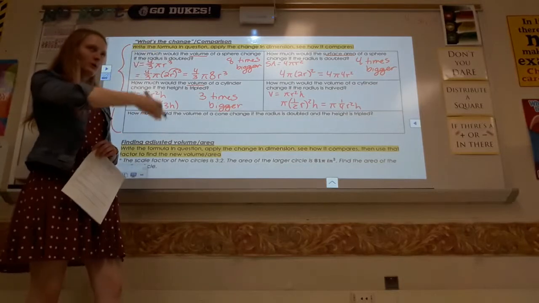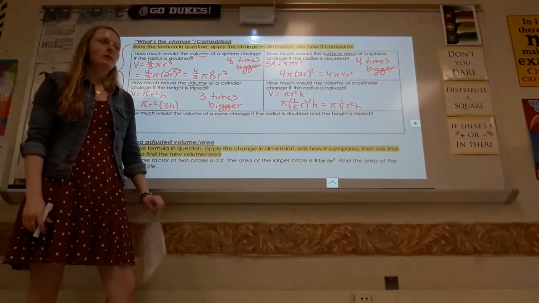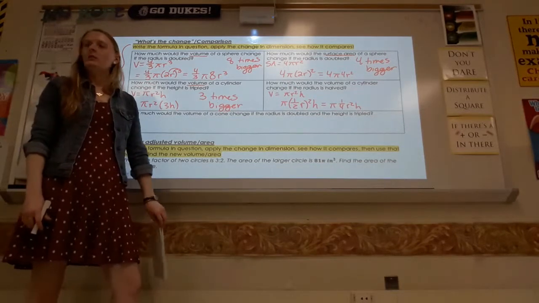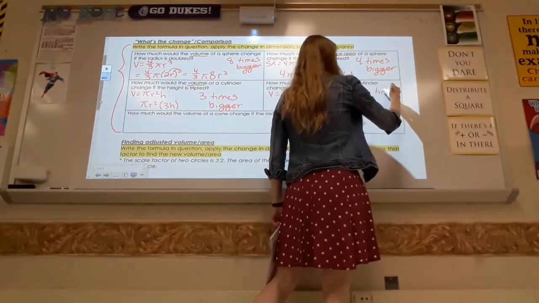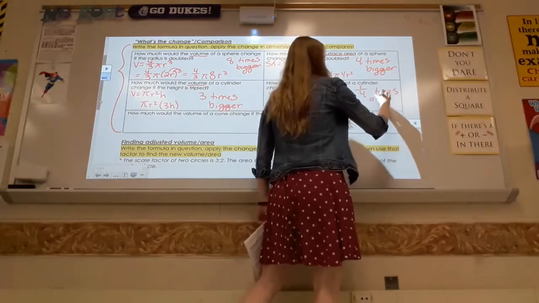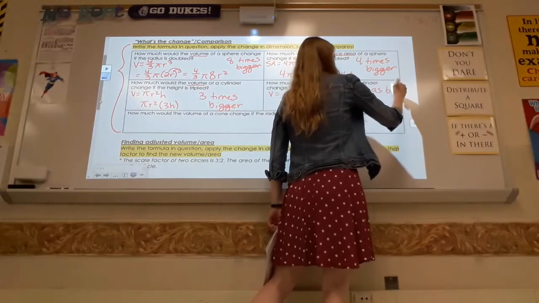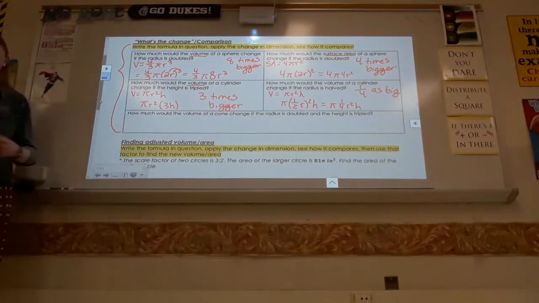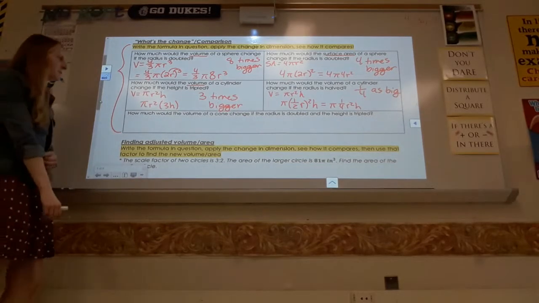So it's the 1 squared over the 2 squared, 1/4. So then what changed? The volume would be 1/4 as big or 4 times smaller. Well, I'm just going to say a fourth as big, I think is probably the language they would use. 1/4 as big. Probably the best way of saying it.